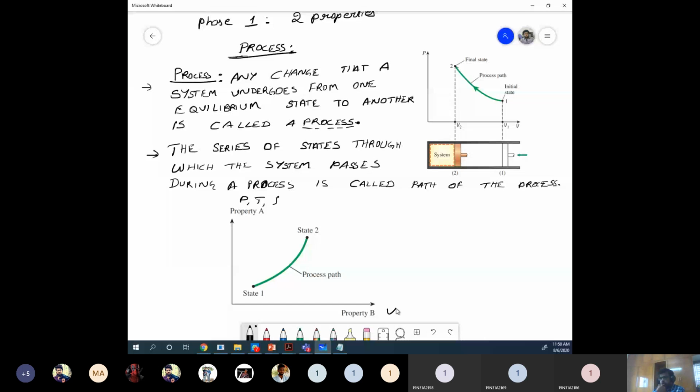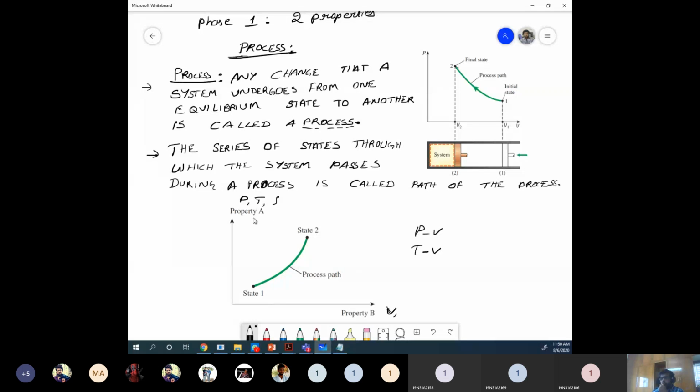And here you can take volume. This is a PV diagram, pressure volume. You can draw a TV diagram. You can draw a TS diagram. Yes, let's not use the S word now. I'll teach you later. So for a TV diagram or any property, you can bring it in and draw the process that is going on.